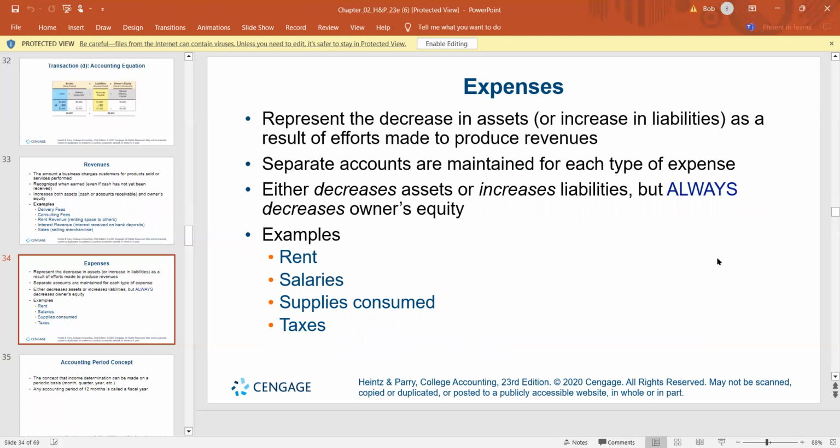Either decreases assets or increases liabilities, but expenses always decrease owner's equity. Examples: rent expense, salaries expense, supplies expense, taxes expense, insurance expense, all kinds of expenses. You have 100 of them.